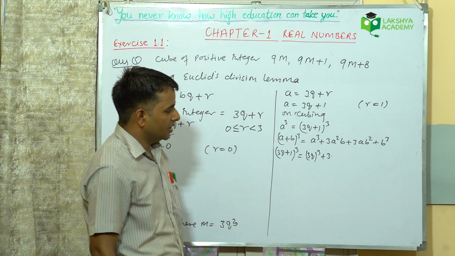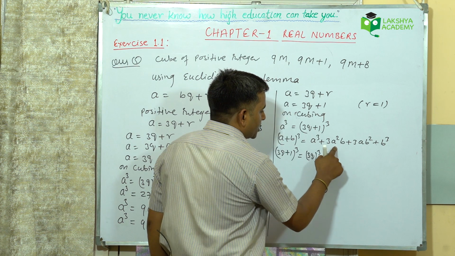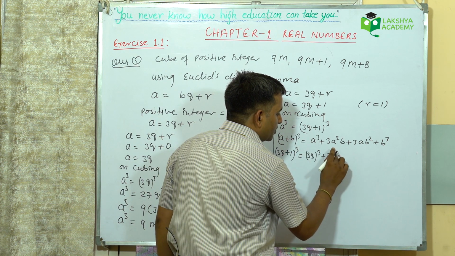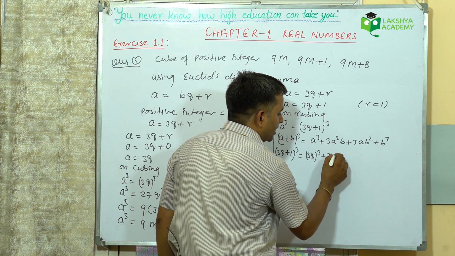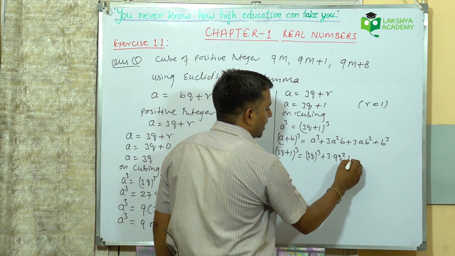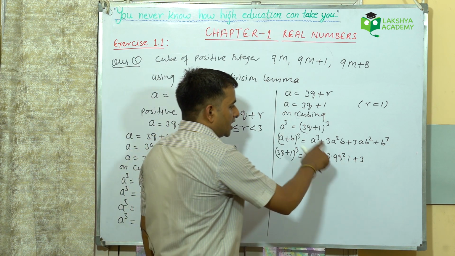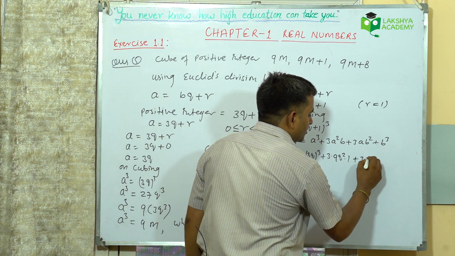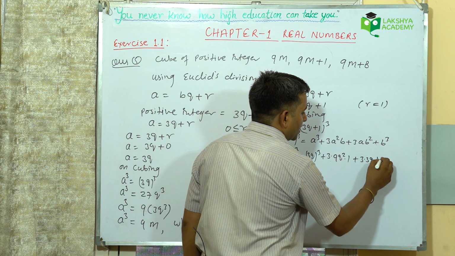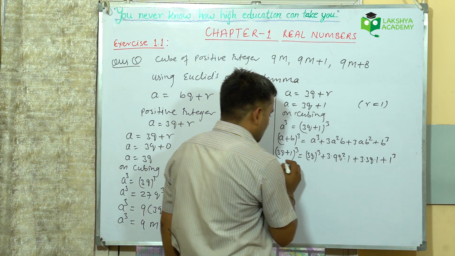In this expression it is multiplication. So 3 into a square, a is 3q, so 3 times 3q square, or simply 9q square, into b, b is 1, plus 3 times a, which is 3q, into b square, 1 square is 1, plus b cube, 1 cube.